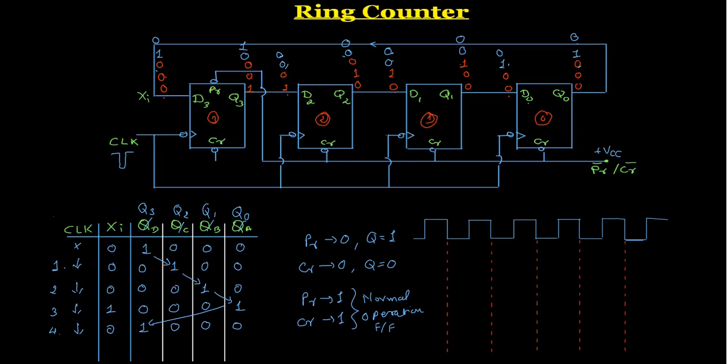You can see that initially we applied the 1 to flip-flop number 3, then it is transferred to flip-flop number 2, then to 1, then to 0, and then again it comes to flip-flop number 3, 2, 1.